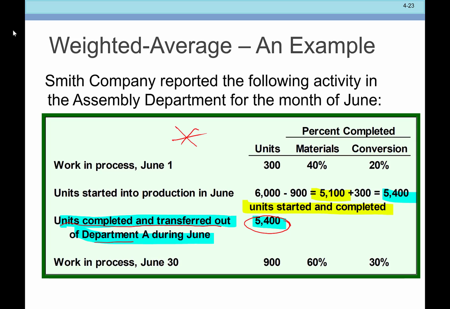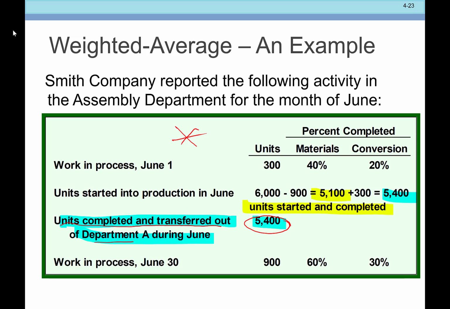Now, they give you these percentages in problems that are weighted average problems simply to distract you, simply to mess you up, because we do not pay attention to how many of these units were actually finished or actually had work done on them. How much work was actually done on these units in this period? We just assume that we did all the work in the current period.